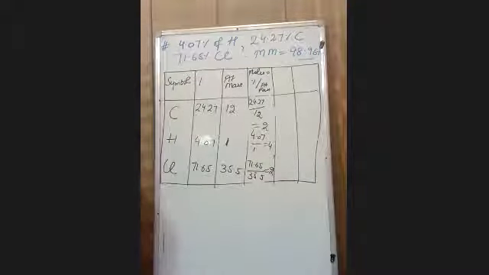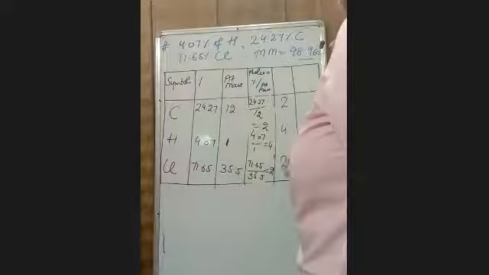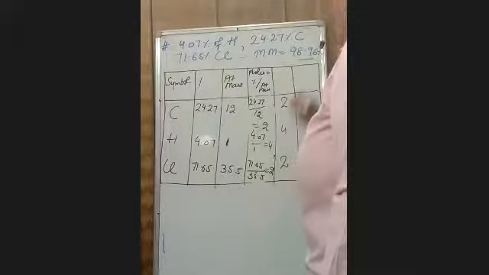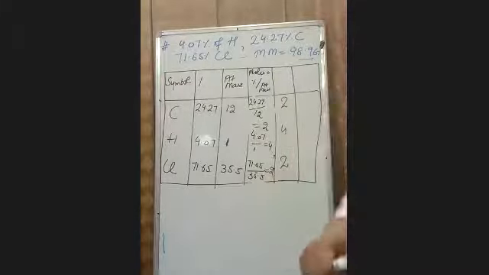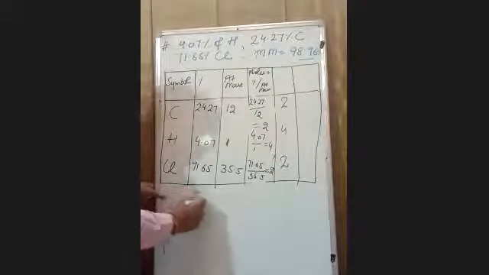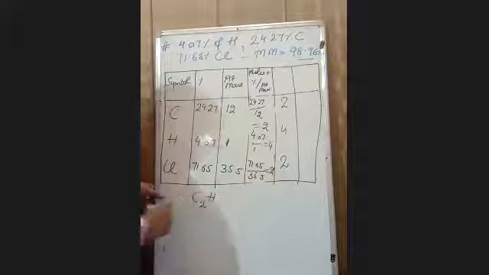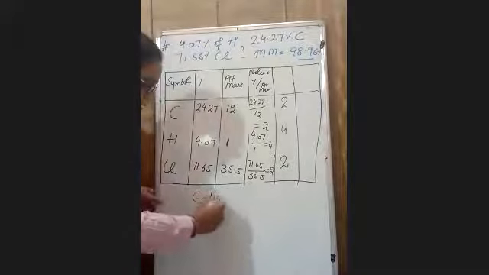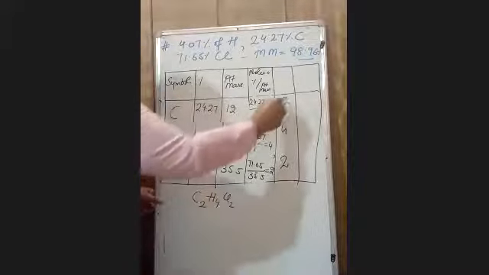So what is the ratio? 4, 2, 4, 2. Now please message me what is the empirical formula of this compound. Message me first. It will be C2H4Cl2. Or we have to calculate the simple ratio.